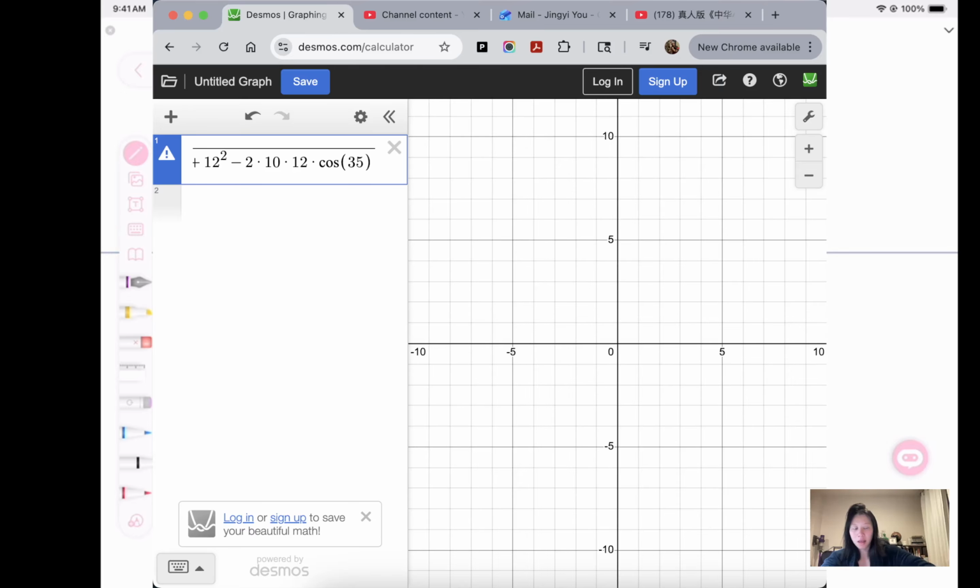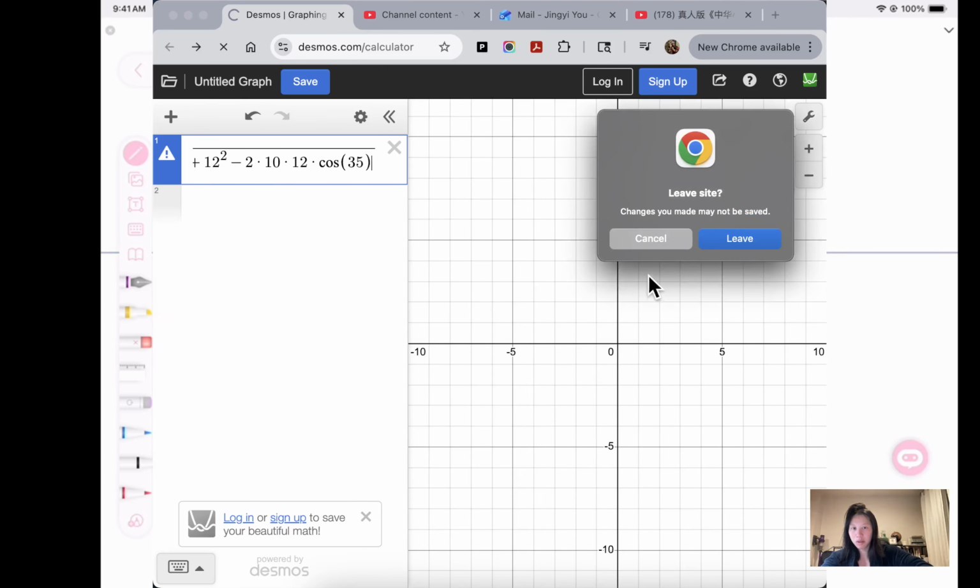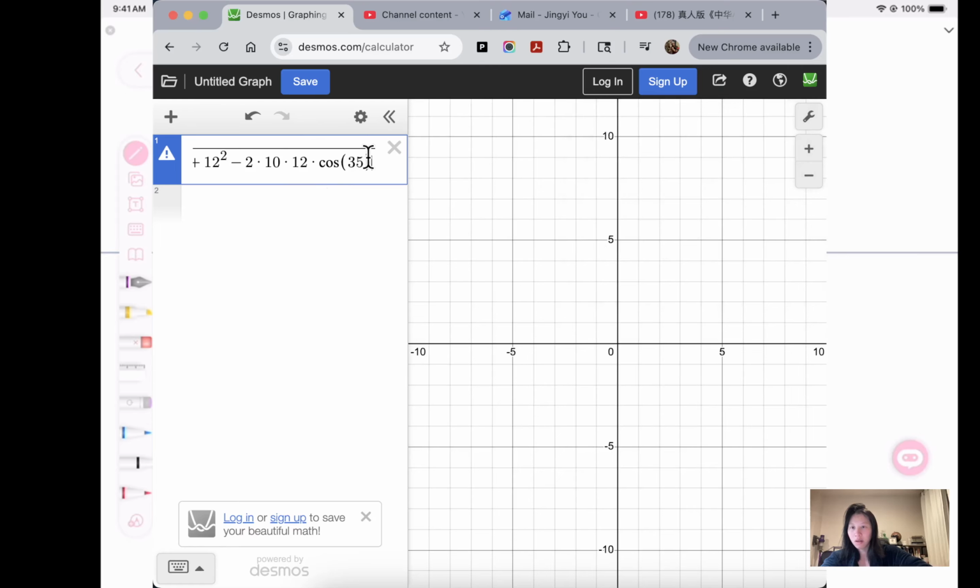Okay, and what is this equal to? So it would be 6.8. We can round up to 6.9.